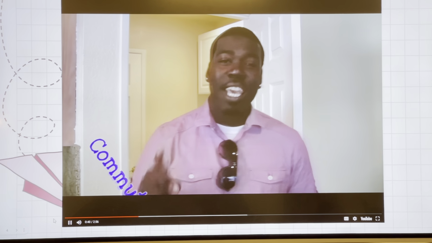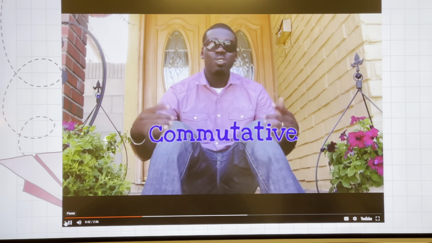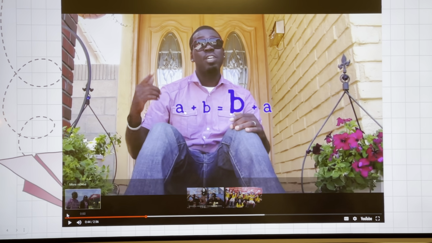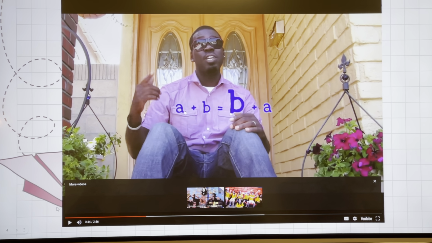First one up, and that's commutative. It goes A plus B equals B plus A. That is commutative of addition. So under commutative of addition, write that under the examples of addition.